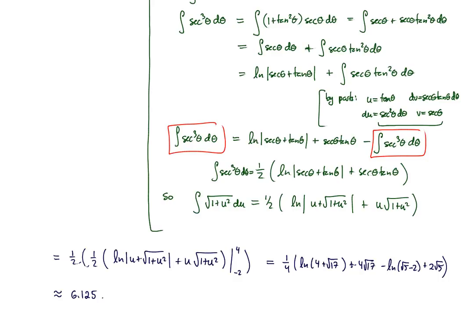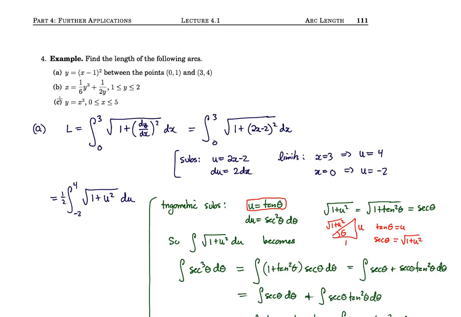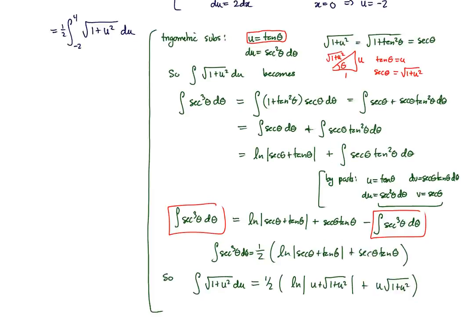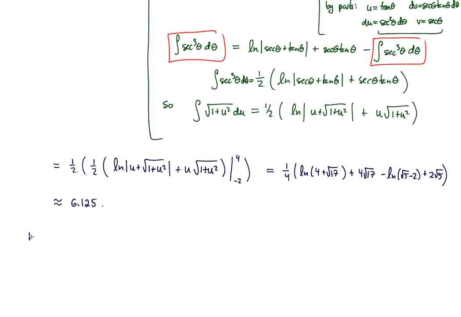And let's have a look at the next example. So we're interested in the length of the curve 16y cubed plus 1 over 2y for y between 1 and 2. So the length is going to be the integral from 1 to 2 of the square root of 1 plus the derivative squared.